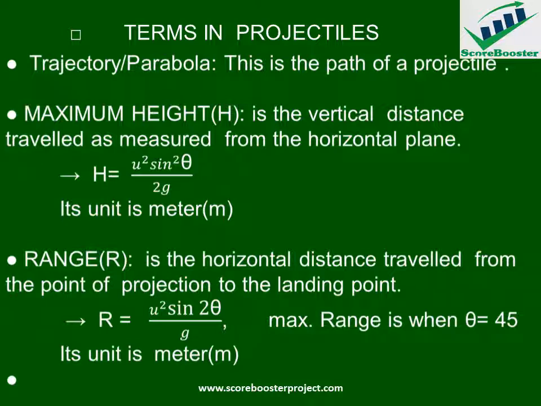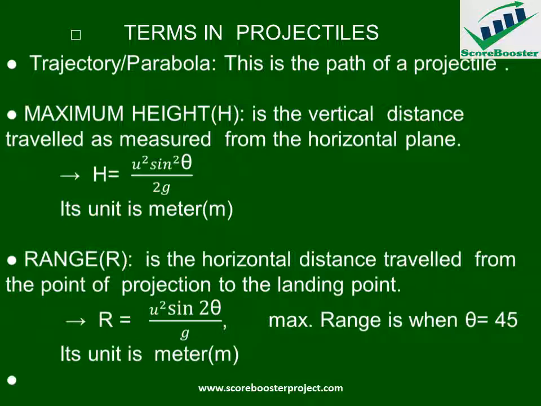Then, another term is maximum height. Maximum height H is the vertical distance traveled as measured from the horizontal plane. Mathematically, maximum height H equals u square sine square theta over 2g. Its unit is meter.